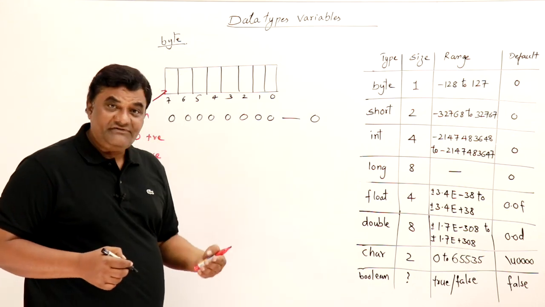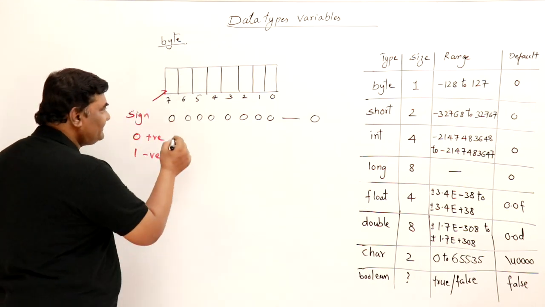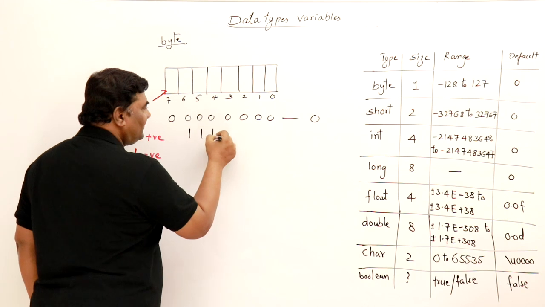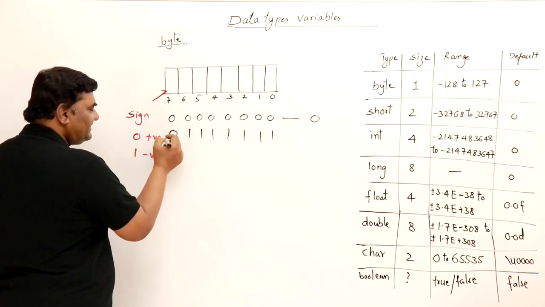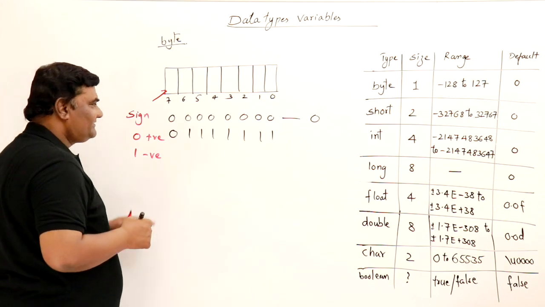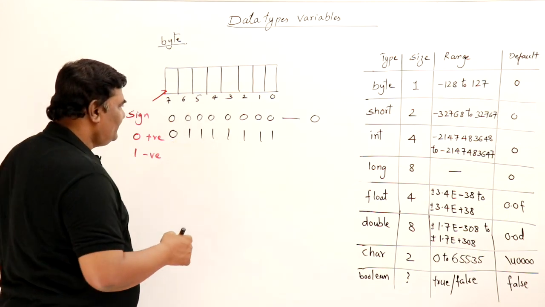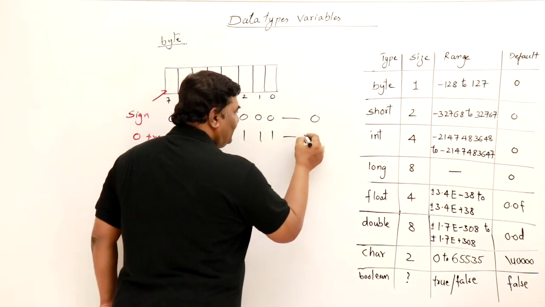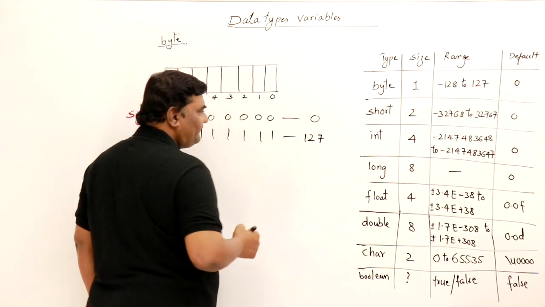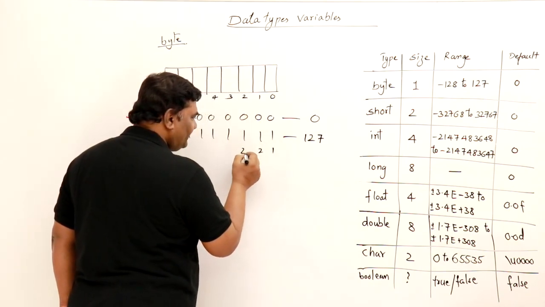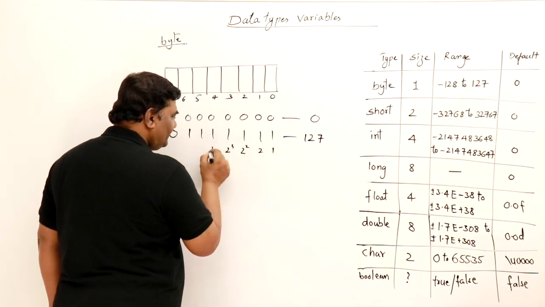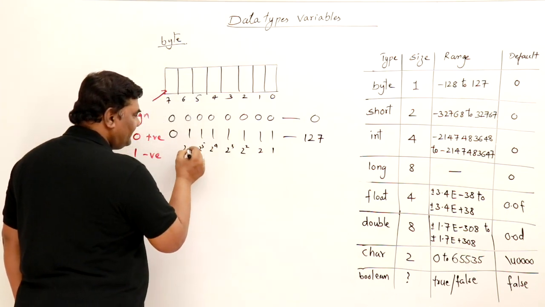Then what is the largest value that we can have in all these 7 bits? This is 1, 1, 1, 1, 1, 1, 1, all ones. And this is positive, so the sign bit is 0. Then what is this equal to? This is equal to 127 in decimal form. This is 2 power 0, 2 power 1, 2 power 2, 2 power 3, 2 power 4, 2 power 5 and 2 power 6.